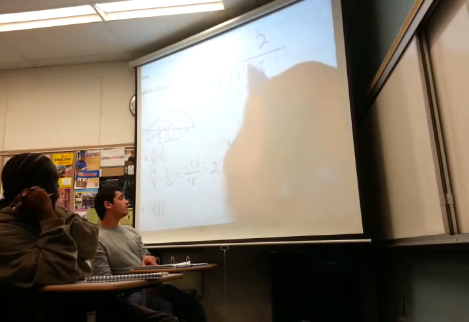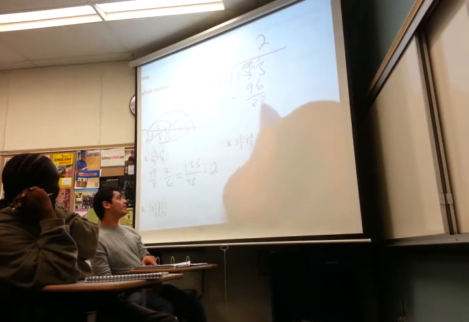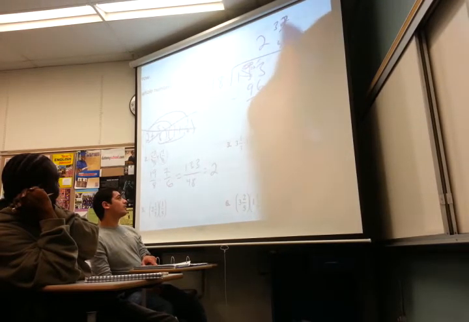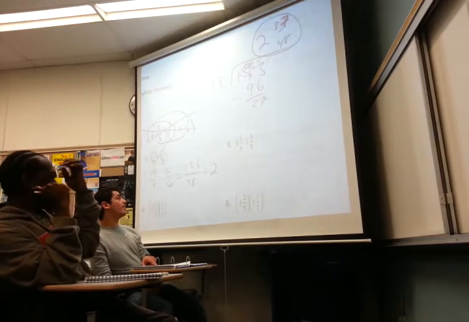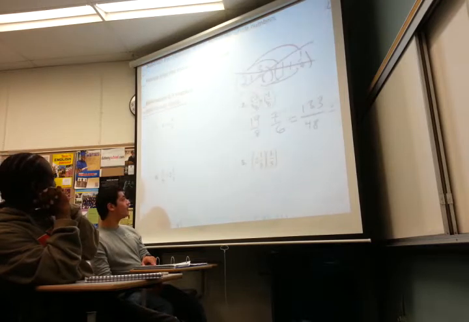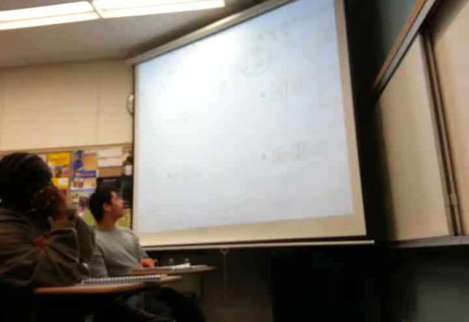So you get 37, so you get 2 and 37 over 48. Now, it didn't say to leave it in either form, so you could just leave it like this if you wanted to. Or for the practice, you can make it into a mixed number. That's fine.